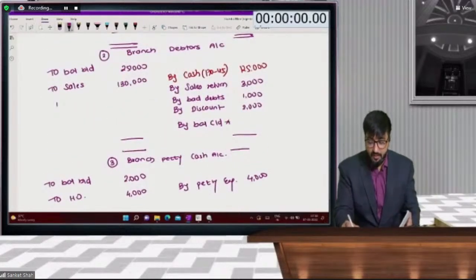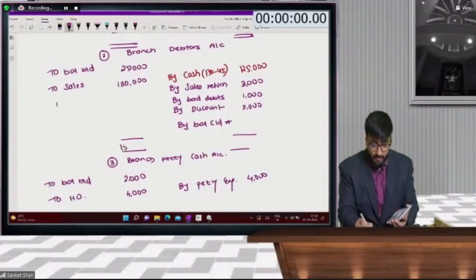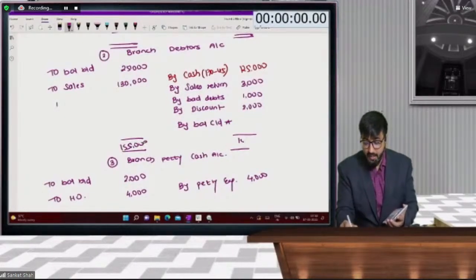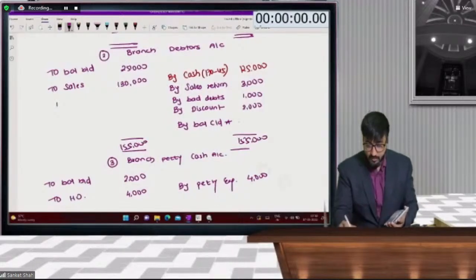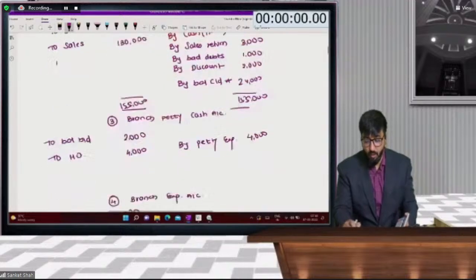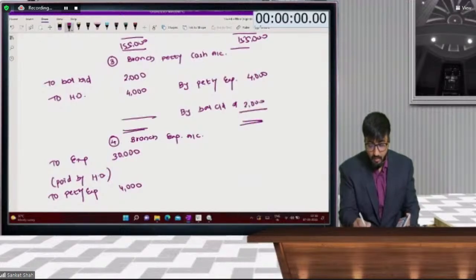Now this is the balancing figure. 25 plus 130, 1,55,000. This balance carried down won't affect your profit and loss account. So this is 24,000. It won't affect your profit. Branch petty cash, by balance carried down, this is 2,000, so 6,000, 6,000.